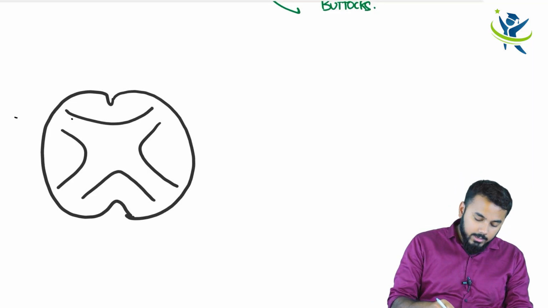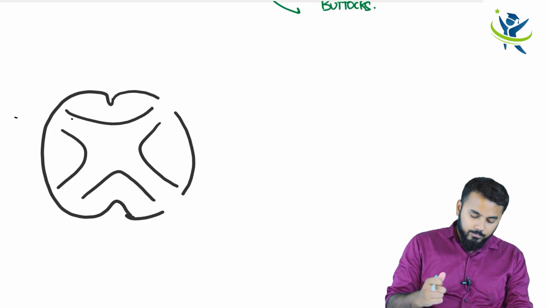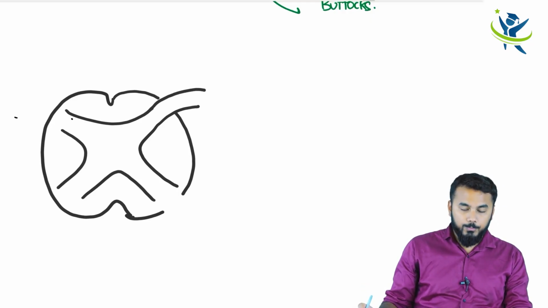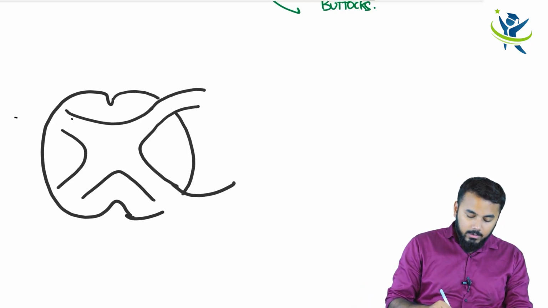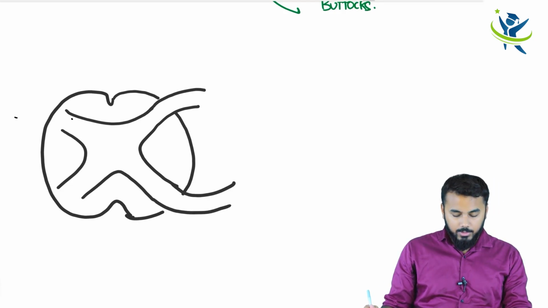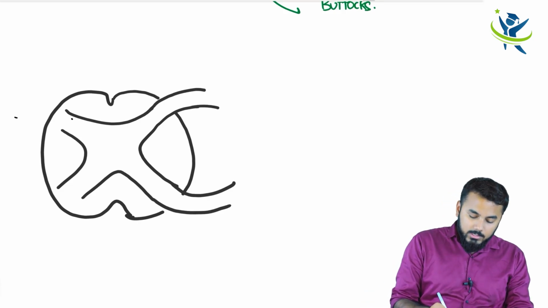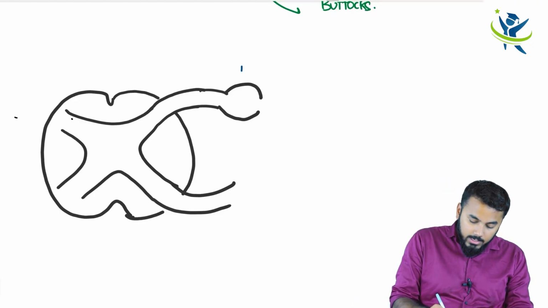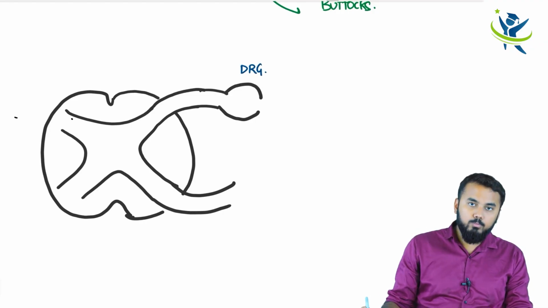Here you have this one called the dorsal root, and this is called the ventral root. Now the dorsal root has a ganglion like this. This is called the dorsal root ganglion.